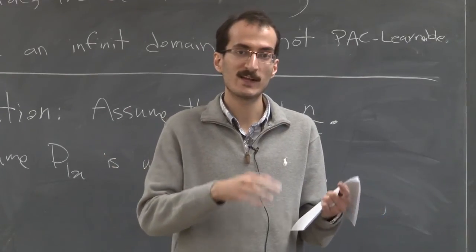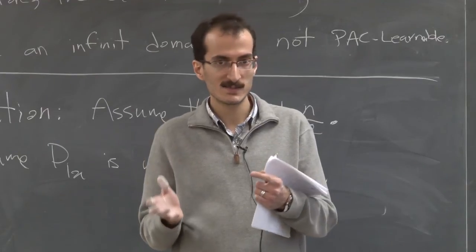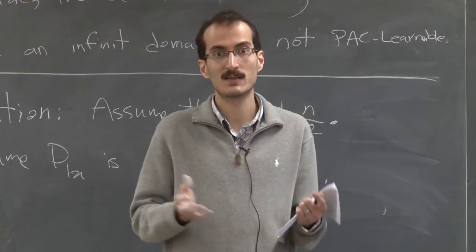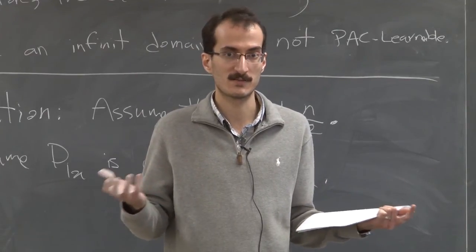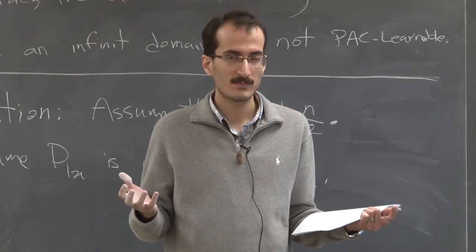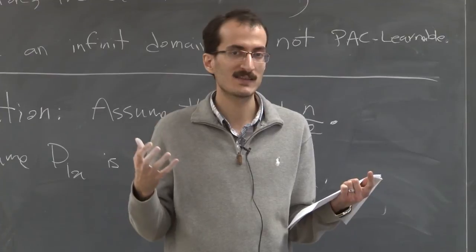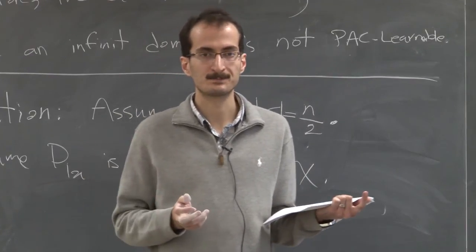For any choice of output on the second half, there exists one possible labeling that you missed, and your error will be large because of that. It's just like saying that you cannot do better than random guess.